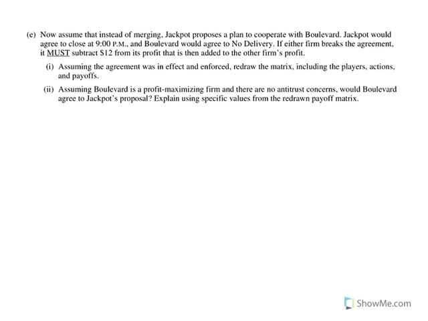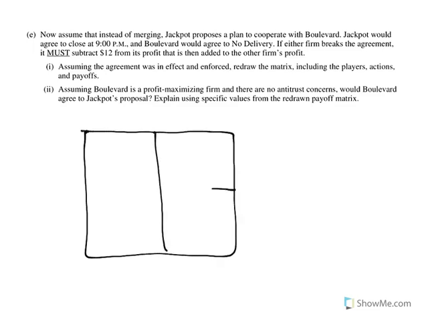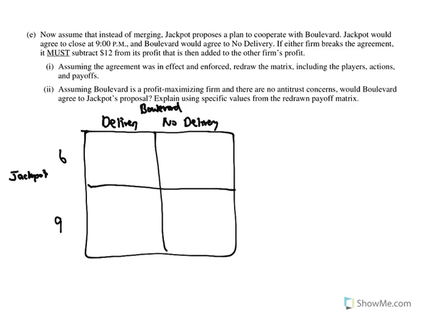So we're going to go ahead and redraw this here. I'm going to do my best to make this as clear as possible. So we've got Jackpot, and we've got Boulevard, and we've got 6 and 9, and then delivery and no delivery. And here's our totals.